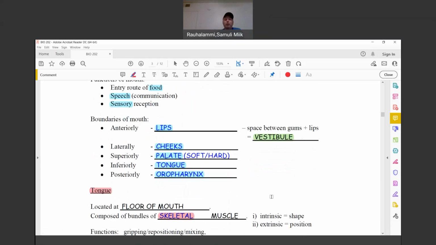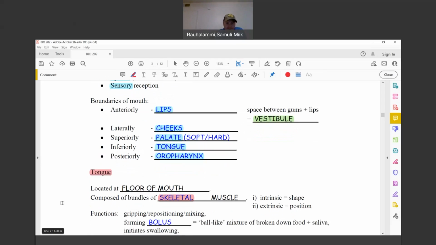So we do both for the tongue, and as a combination is what we're able to achieve. And the tongue plays a really important role in mixing the material in the mouth, doing that sensory reception, moving the material to the back of the mouth when we're ready to swallow, and so on and so on.